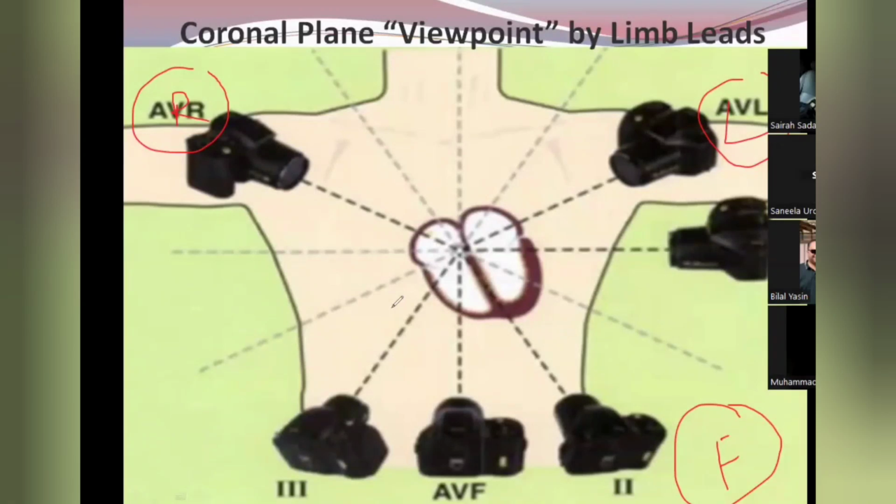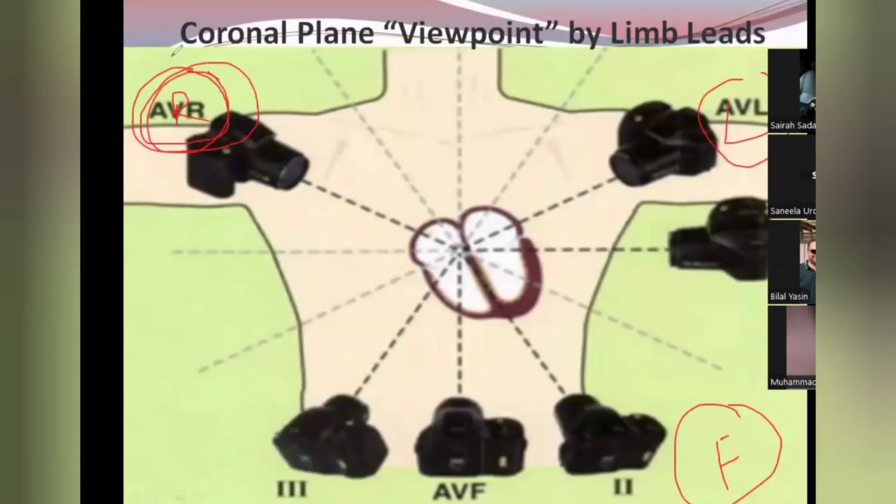Now, what's going on here? Kindly pay attention because this is very important. First I will tell you about the unipolar leads, and then I will tell you about the bipolar leads. How do they record the unipolar leads? This is the right electrode, this is the left, this is the foot.